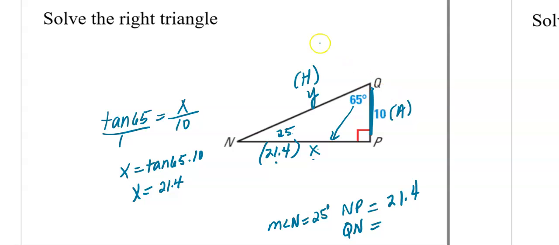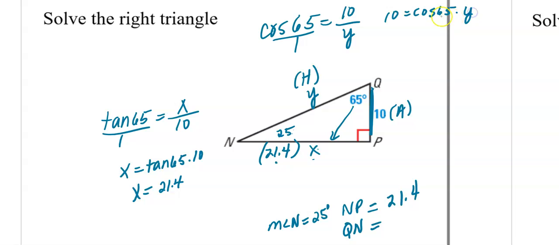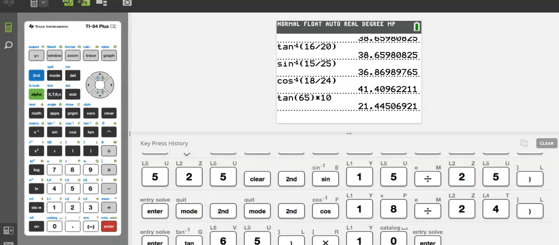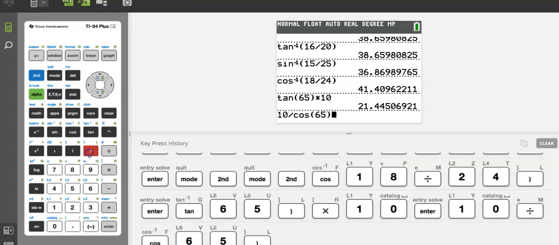So if I'm using adjacent, that's cosine of 65, adjacent 10 over y. So then I'm going to cross multiply. I'm going to get 10 equals cosine of 65 times y. That is where I have to divide by the cosine of 65. So they're switching. So y equals, in a calculator, 10 divided by cosine of 65.